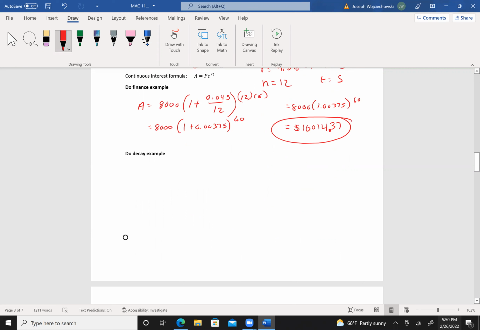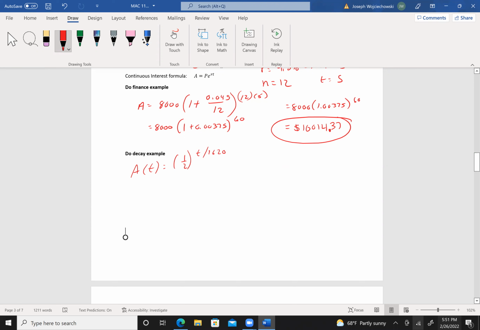In a sample originally having 1 gram of radium-226, the amount A(t) in grams of radium-226 present after t years is given by A(t) equals 1/2 to the t divided by 1,620, where t is the time in years after the start of the experiment.